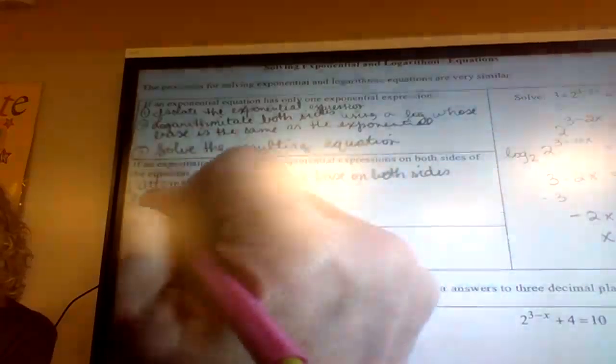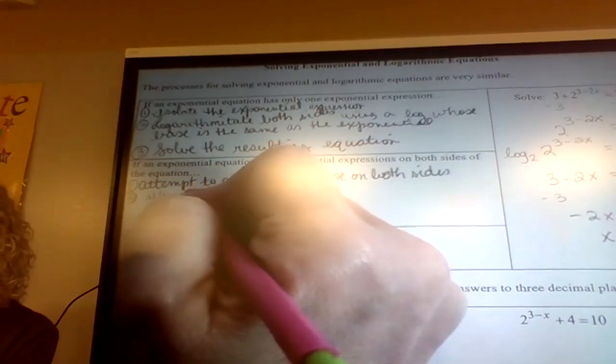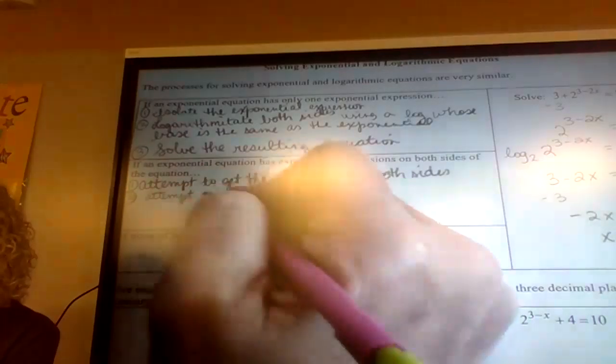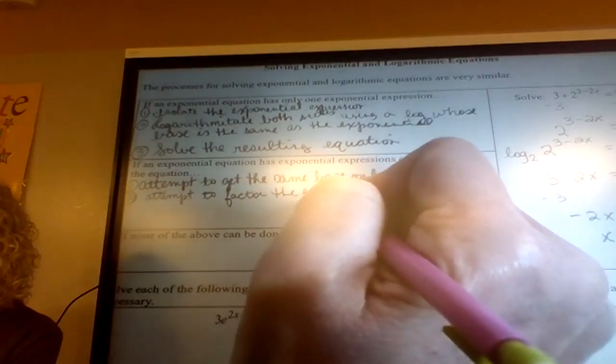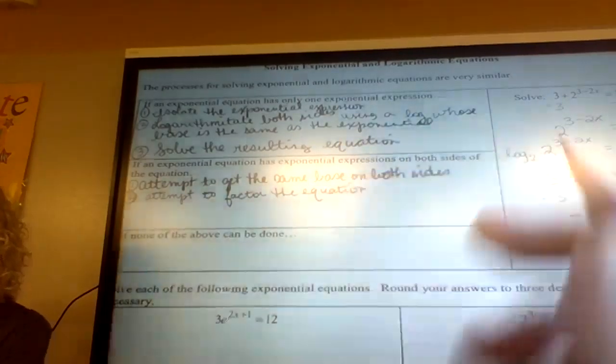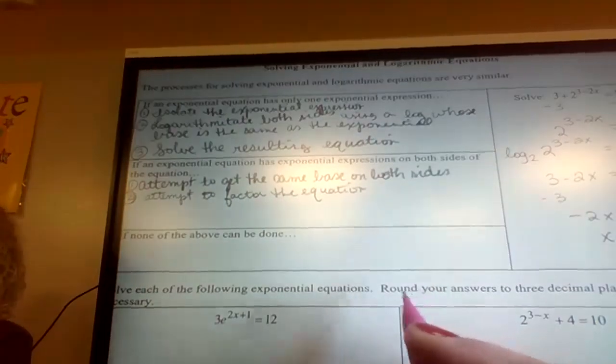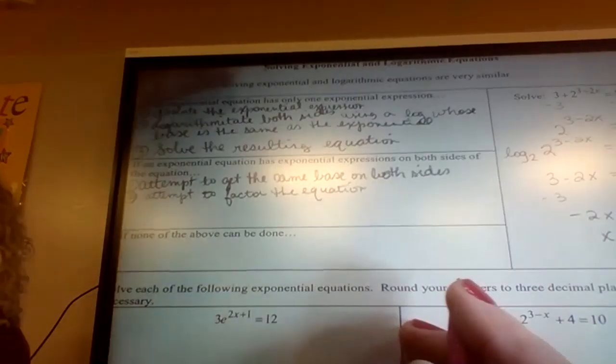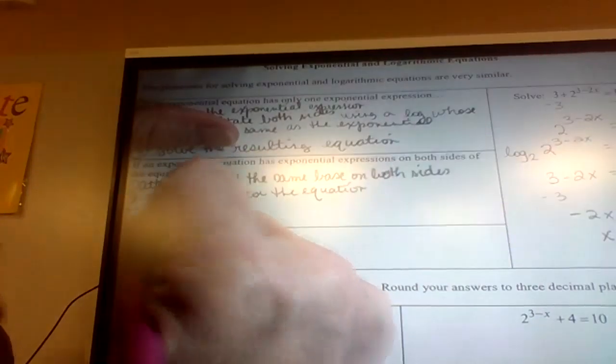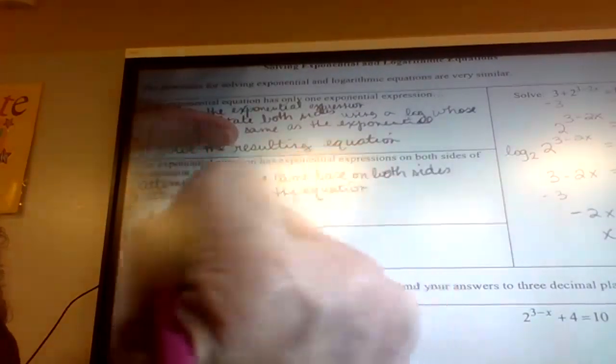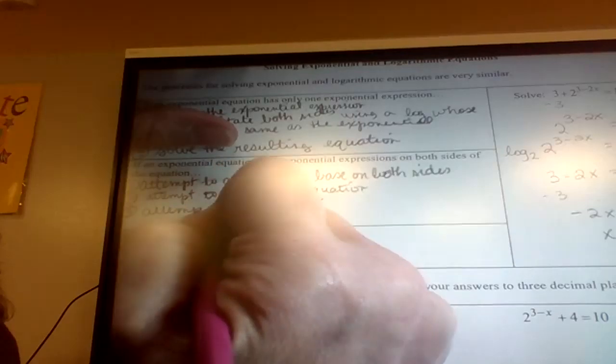Then you're going to attempt to factor the equation. You're going to love the next step. Attempt. Take the log of both sides. I use natural log whenever I have to do this.